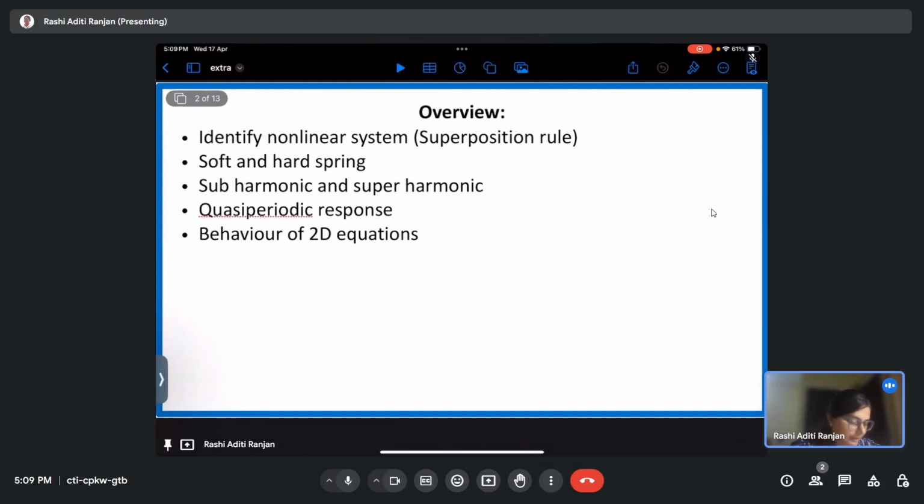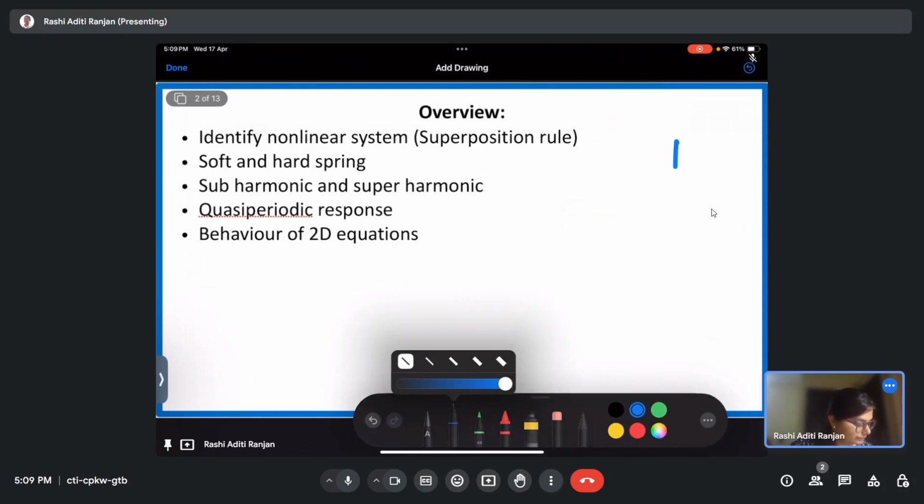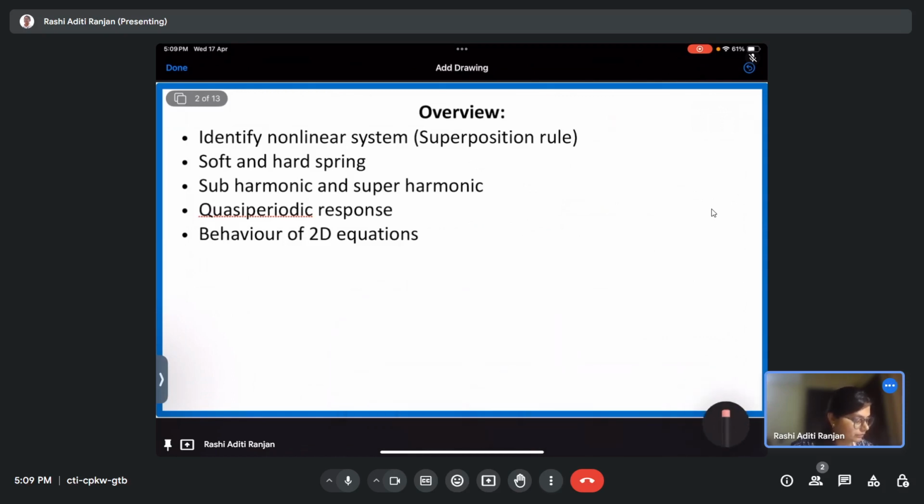If we talk about mechanical vibration, what do we do? The best thing we are good at is considering a mass with a spring of stiffness K, sometimes also a dashpot of damping coefficient C, and sometimes some kind of forcing.